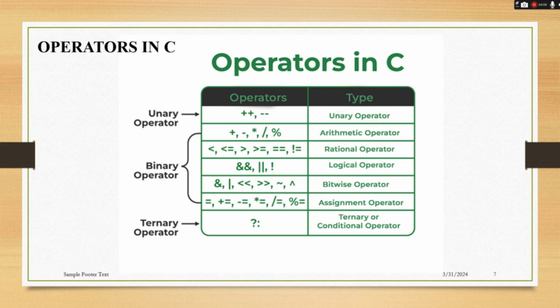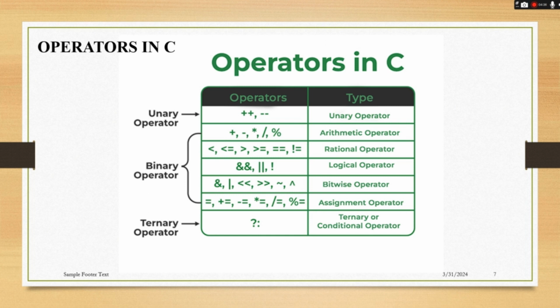Operators. In C, operators are symbols or special characters designed to perform various operations on an operand, including a variable, constant, or expression. They play a fundamental role in the programming language by enabling data manipulation and computational tasks. There are many types of operators in C, and they are classified into three types: unary, binary, and ternary operators.